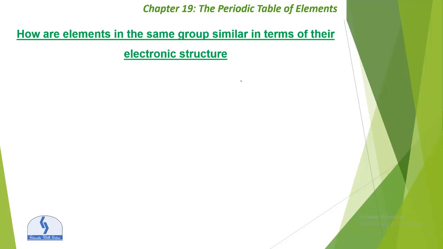And how are elements in the same group similar in terms of their electronic structure? Yes, the number of valence electrons will be equal to the group number of the element.